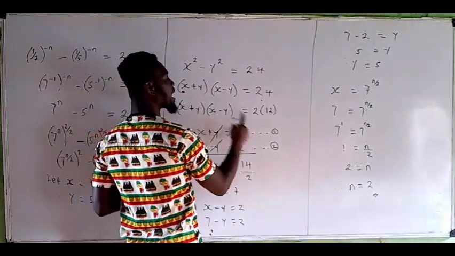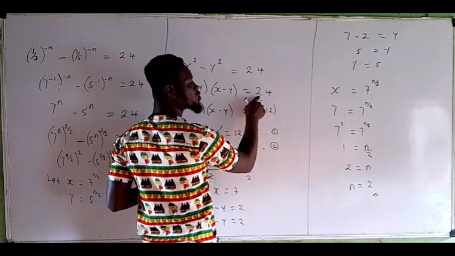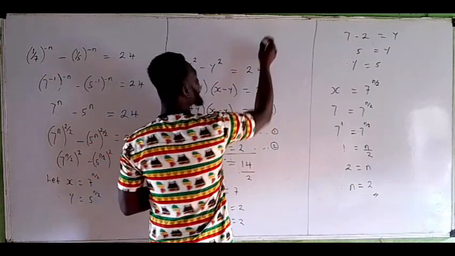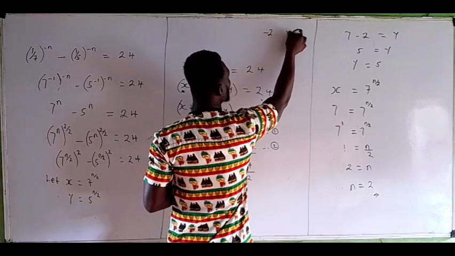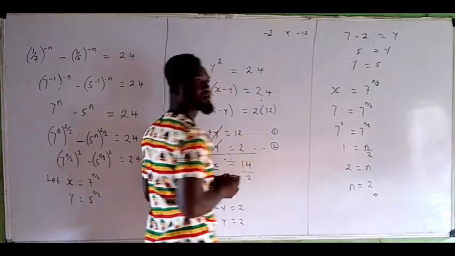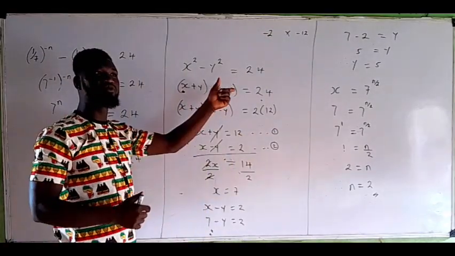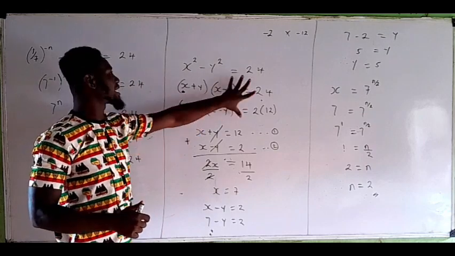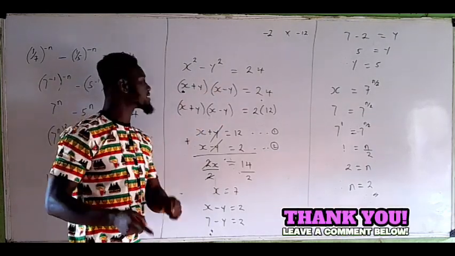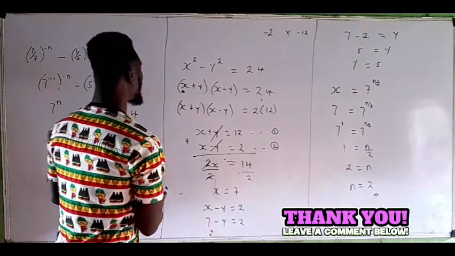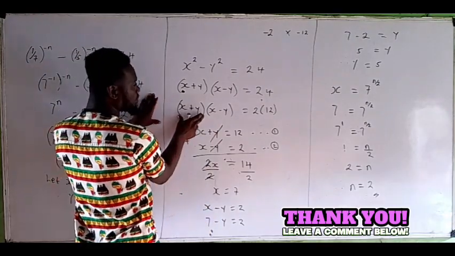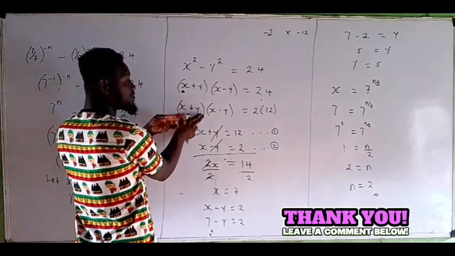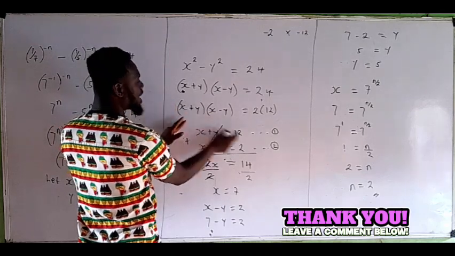But we also know that apart from 2 times 12 giving us 24, what about minus 2 times minus 12? Minus 2 times minus 12 will also give us 24. So that means I can use them here. But if you are using that, when we are using summation we will always take the highest of them, right? So x plus y is 12.